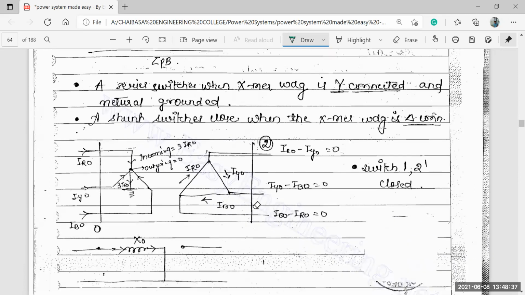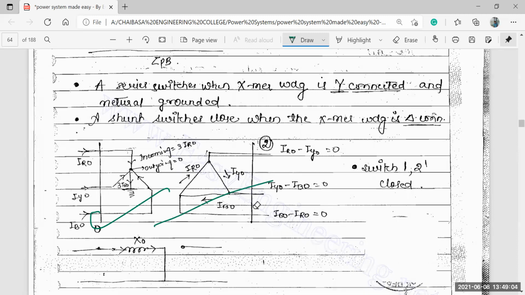Okay, now a shunt switch closes when the transformer winding is delta. Now when we see this, the IR0, IB0 has been written with a power factor. Now in the second, let's see the changes.